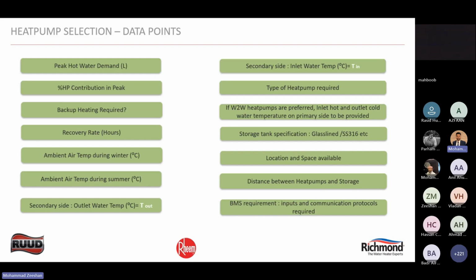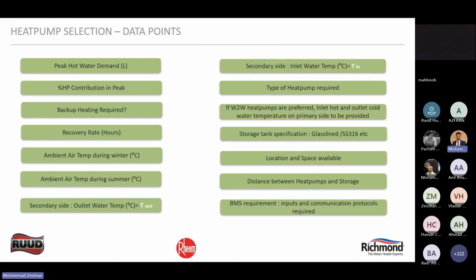We also ask what the ambient air temperature is during summer, to understand the contingency or backup plan, and what the secondary side inlet temperatures are, especially during winter. Then, what type of heat pump do you require? Is chilled water available? Is there enough space available? Can you install it on the roof? All these questions come across.